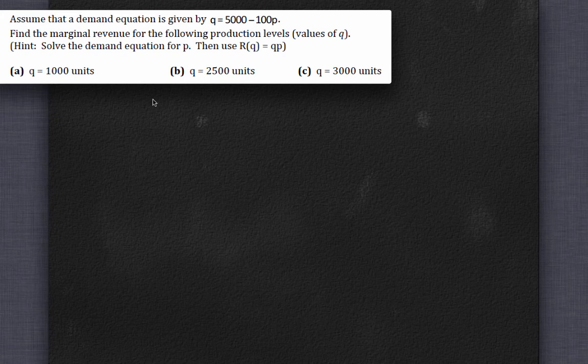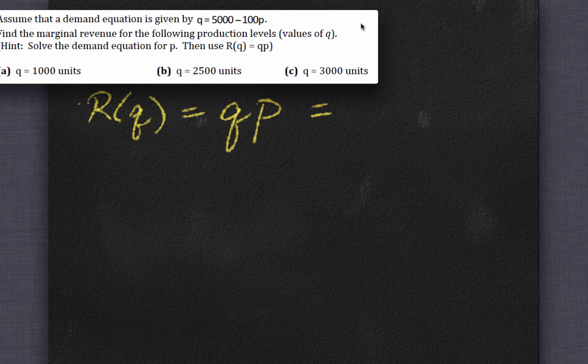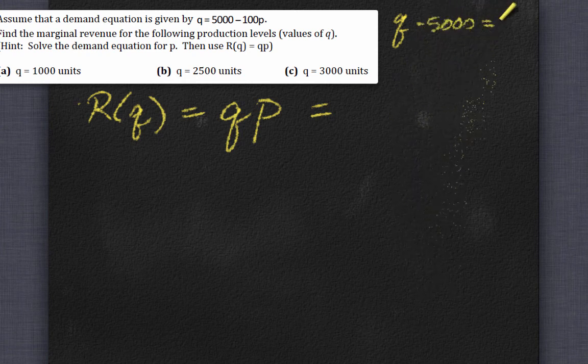So I want R of Q. Revenue is how many did I sell, how much did I get for each one. But I need to have then something to replace P with that has Q's in it. Right now I have the opposite, so I'm going to come over here and say, well, then Q minus 5,000 is negative 100P.